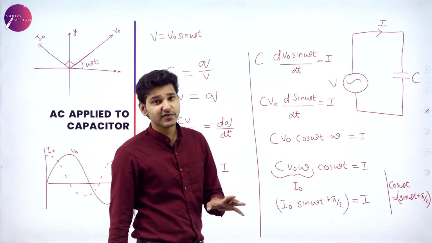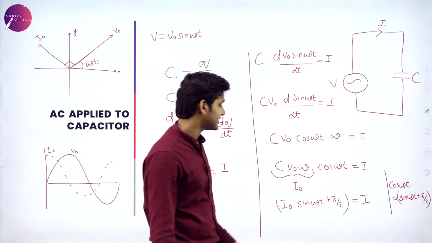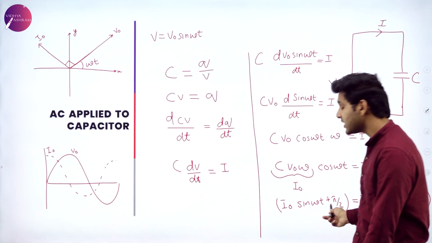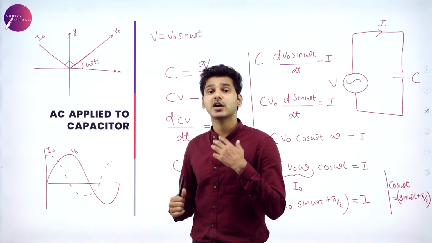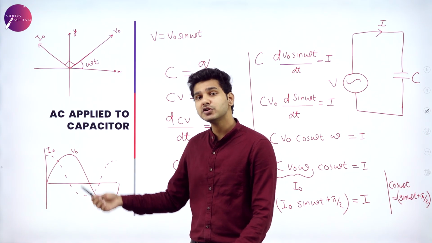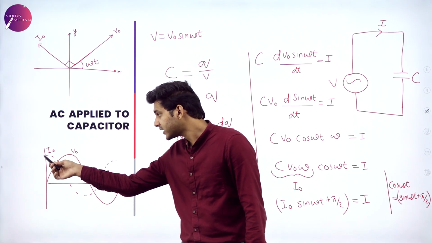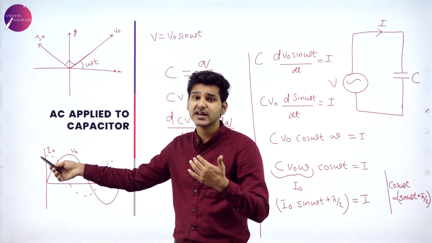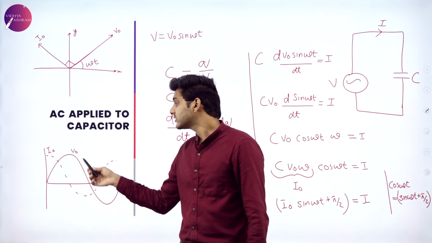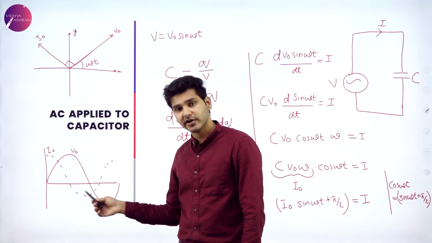The physical significance of this equation is that current is leading by pi by 2, or using a normal graph, current is 90 degrees ahead of voltage.